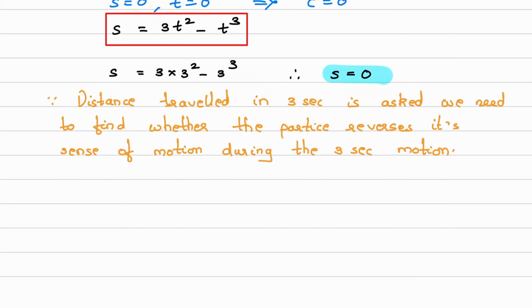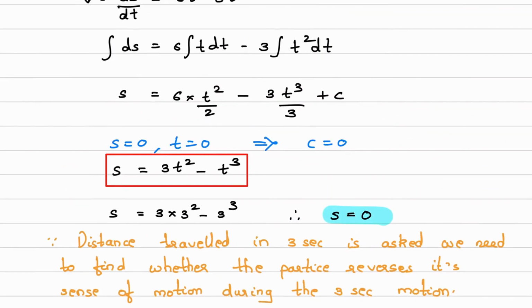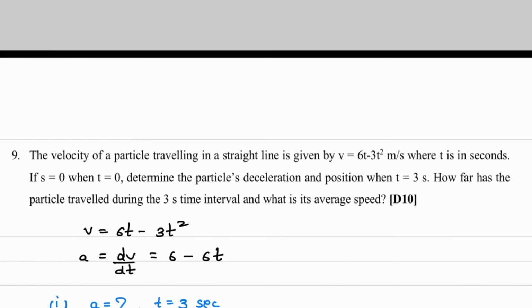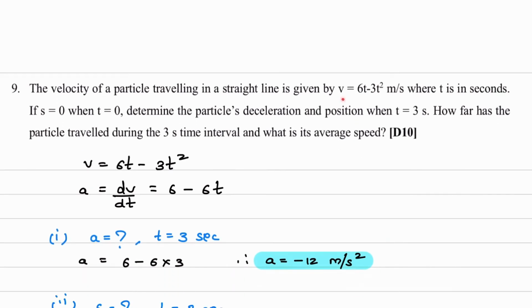Now the next statement we will write: for a particle to reverse, its velocity should be equal to 0. So from here we can equate the velocity equation, which is given in the question. When will the particle reverse?